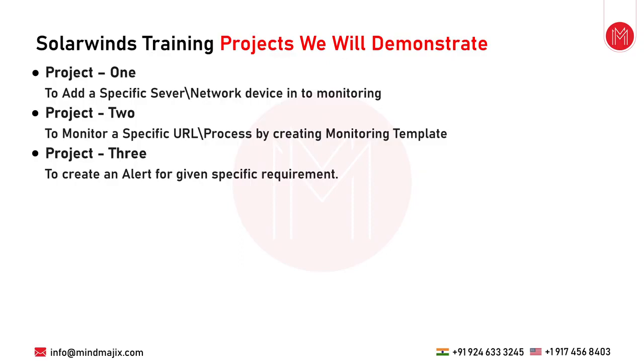We will show you how to create the specific URL component or process component using the launching template of SolarWinds, and also how to discover a network one at a time, how to add a node individually using managed nodes, or how to add the whole network using subnets or Active Directory.